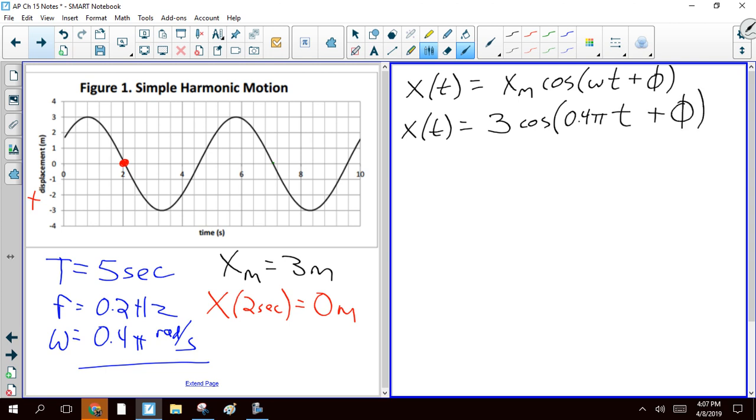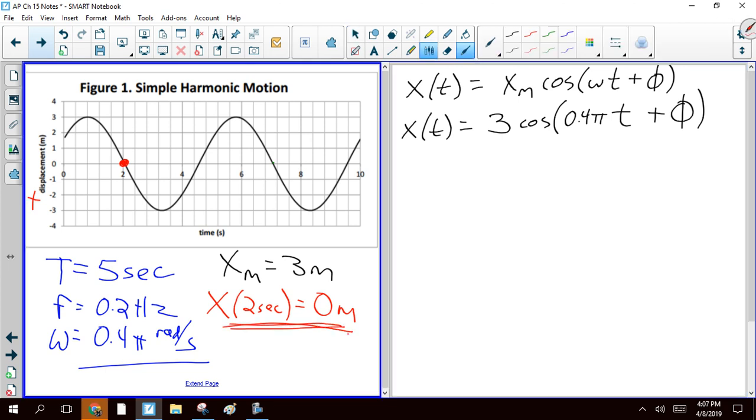All right, so we need to find phi. We can't pick it. Sorry, we've got to solve for phi. And doing so requires extra care. So I'm going to use this point right here and see if I can figure out what phi is. I'm going to plug x of 2 equals 0 in.